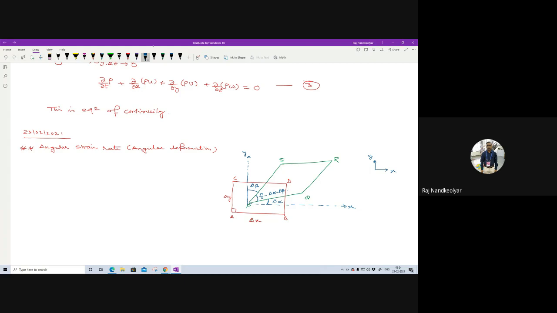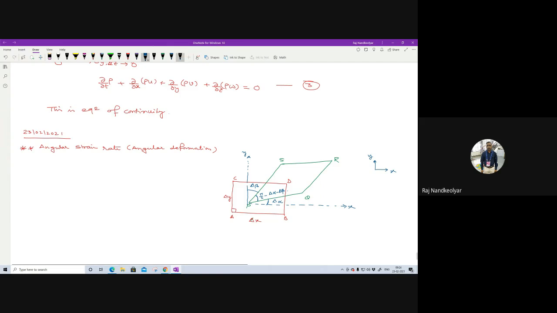These line elements PQ and PS were perpendicular to each other in the beginning. Now after deformation, the angle is pi by 2 minus delta alpha minus delta beta. So this is actually your angular deformation. Right. Okay. So whatever I've explained here, let us write down first.